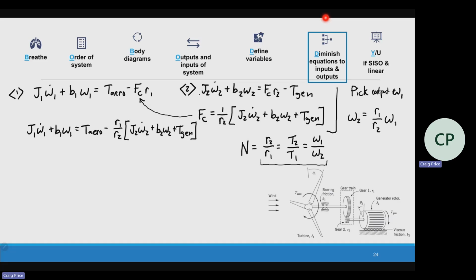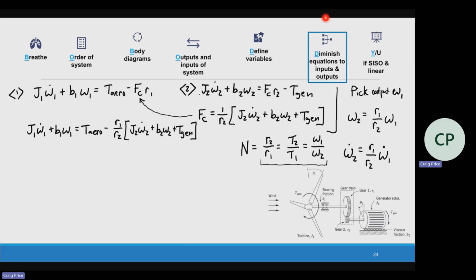But I also have omega 1 dot. If this is speed, this is acceleration. The relationship with this is the same exact one as this one. If the speeds are all related, the displacements are all related, then the accelerations are all related. If the speeds are always equal, that means that the change in the speed is also always equal.